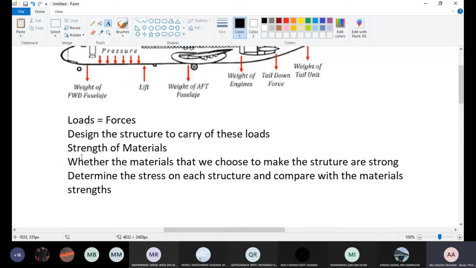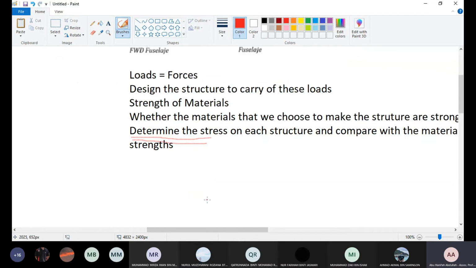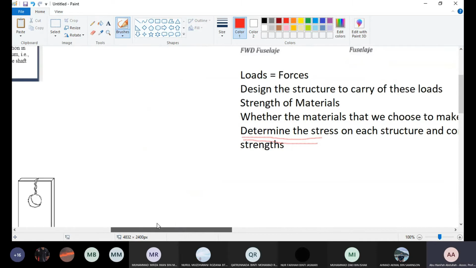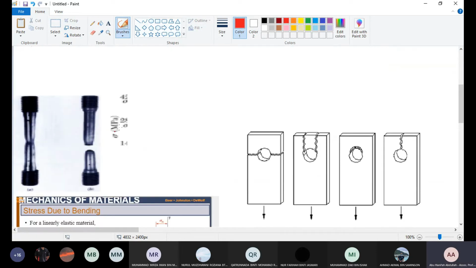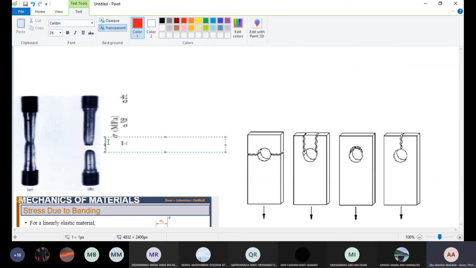Okay, now we need to look for the stress. Determine the stress. What will be the potential stress? We have tension, so this is tension failure.